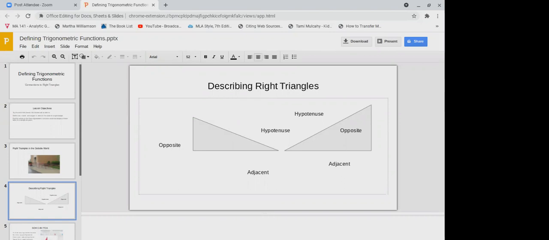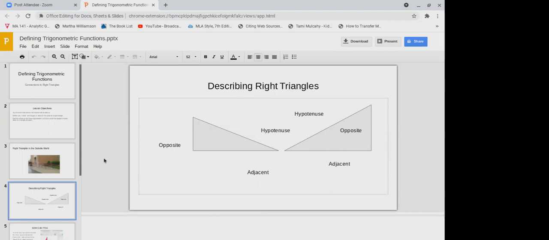The side opposite the 90-degree angle is always the hypotenuse. Now, if your triangle is facing the other way, as in the second picture here, then the opposite side is on the other side. The adjacent side is still on the bottom, and the hypotenuse is still the longest side of the triangle.